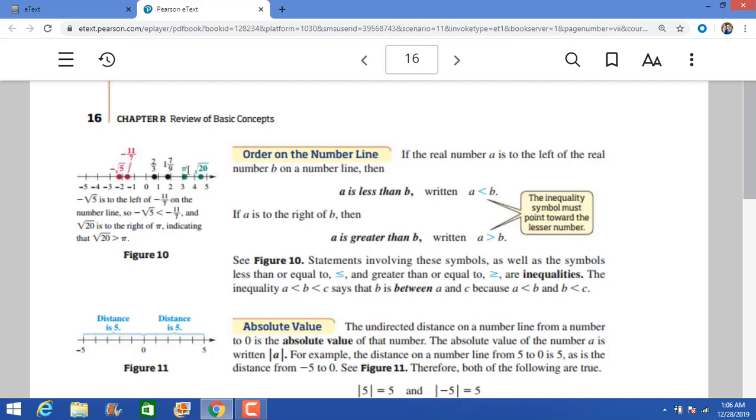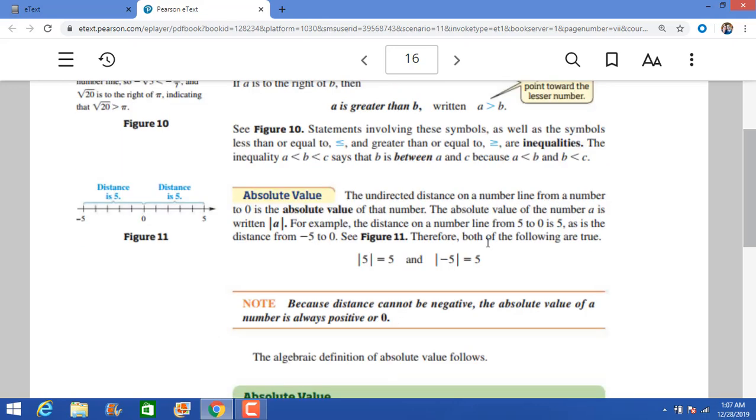If you are to the right, then you are greater than. So if a is to the left of b, then a is less than b. If a is to the right of b on the number line, then a is greater than b. Okay? And this is based on the number line, what we know about real numbers.